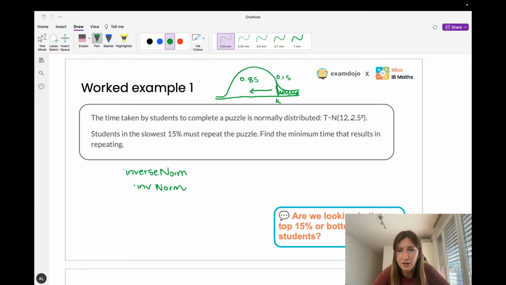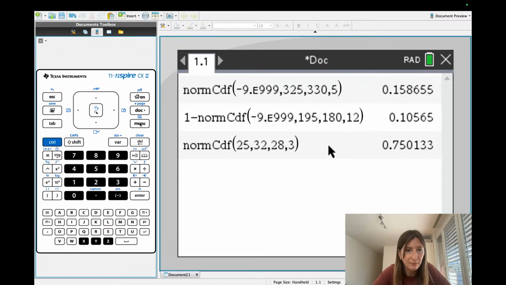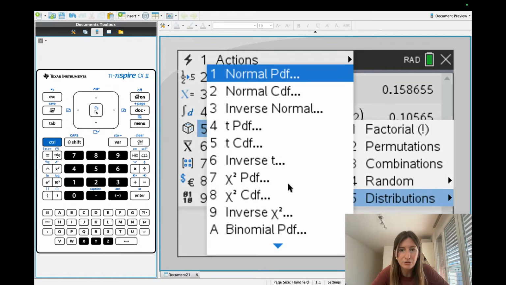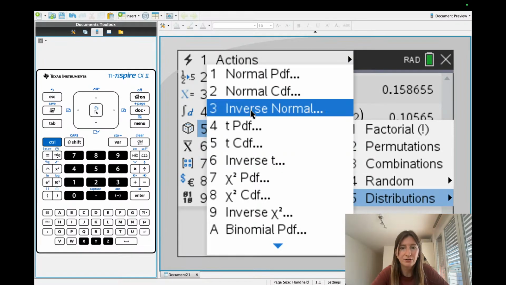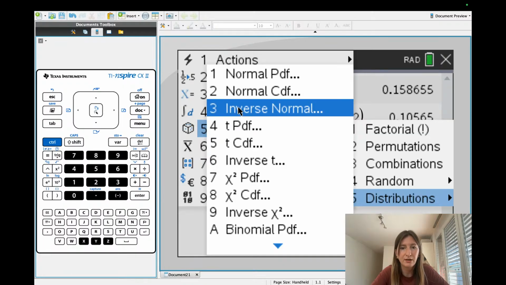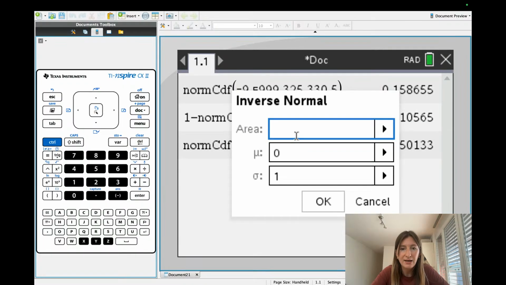So we had 12 and 2.5. Distributions, inverse normal. Most will say inv norm or just inverse norm. Okay, the area we had, 0.85.